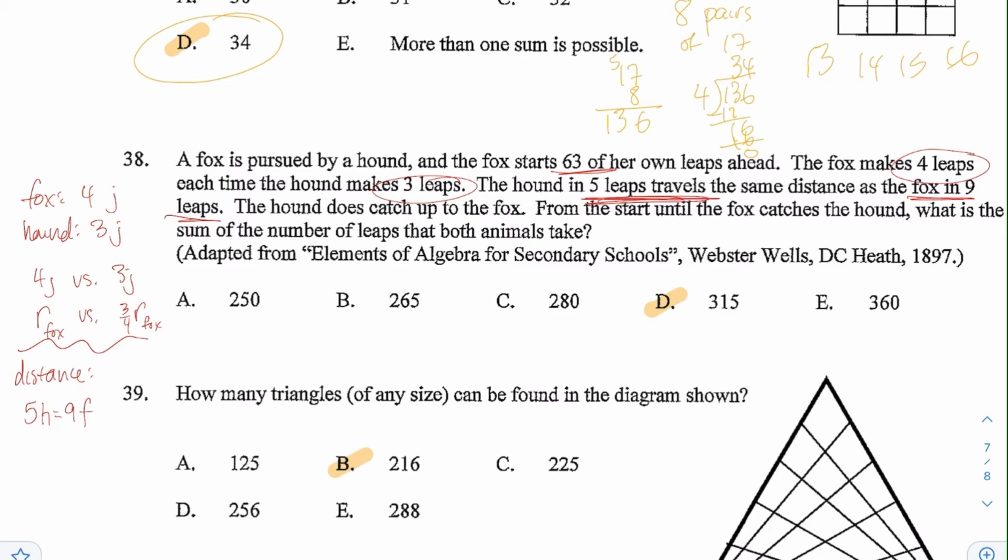So in terms of each of the leaps, if you divide by 9 on both sides, the distance for one fox leap, F, is equal to 5/9 the hound leap. So the hound is jumping more than the fox. Now the hound does catch up to the fox, so from the start until the two meet, what's the number of leaps that they both take?